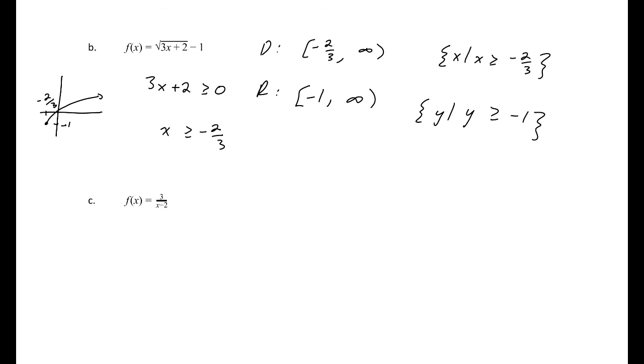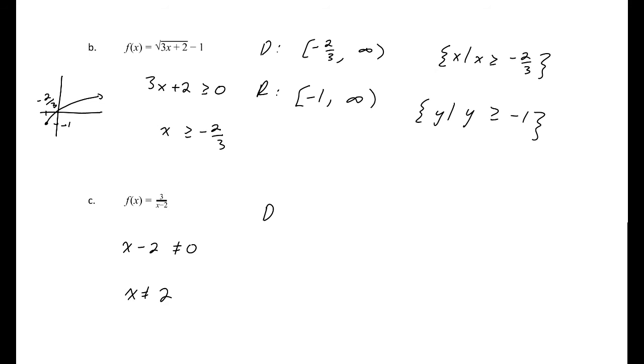This next function we have is a rational function. The problem we have here is that we cannot divide by 0. Well, what number could you put in there that would make that 0? Well, 2. So x cannot be equal to 2. That's my scratch work.